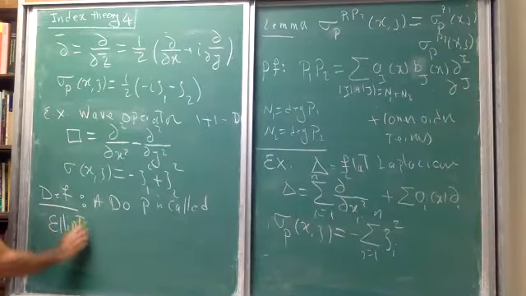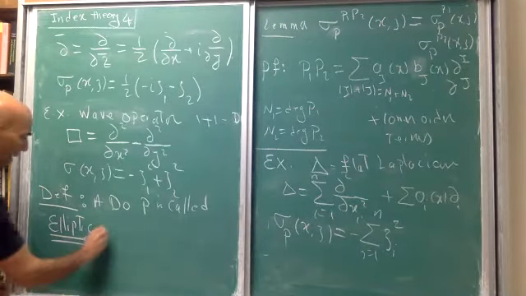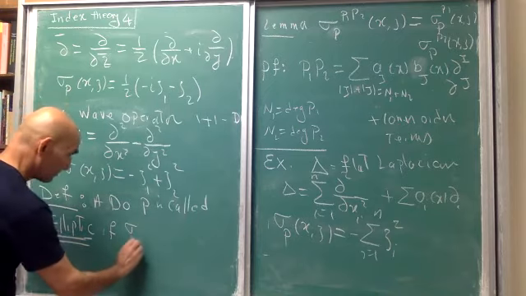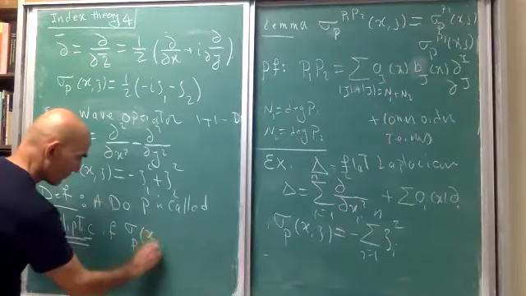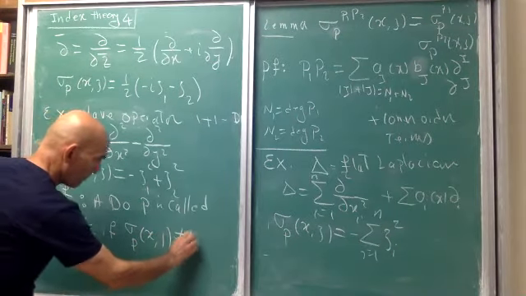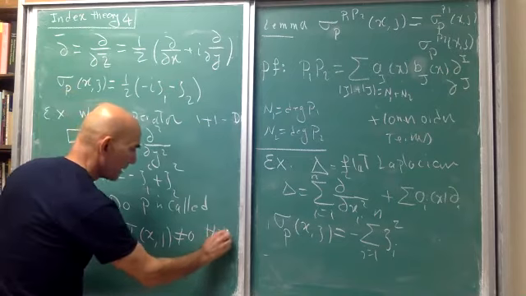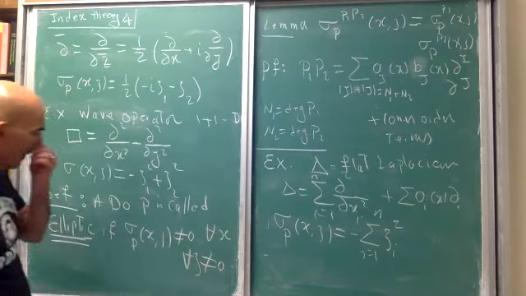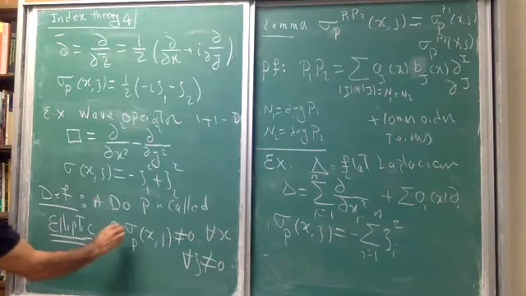That's an amazing, very, very important definition. It's called elliptic if its principal symbol is different from 0 for all x and for all ξ different from 0. So that's the condition.